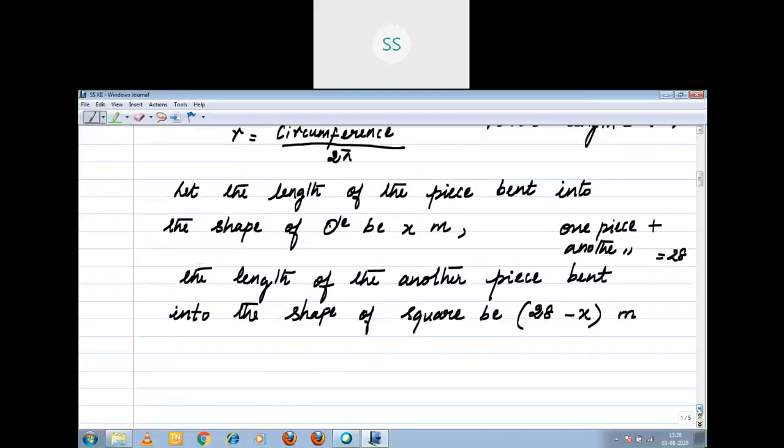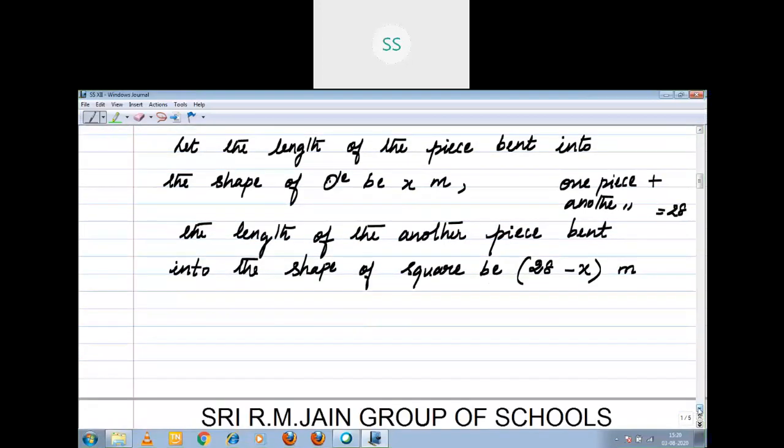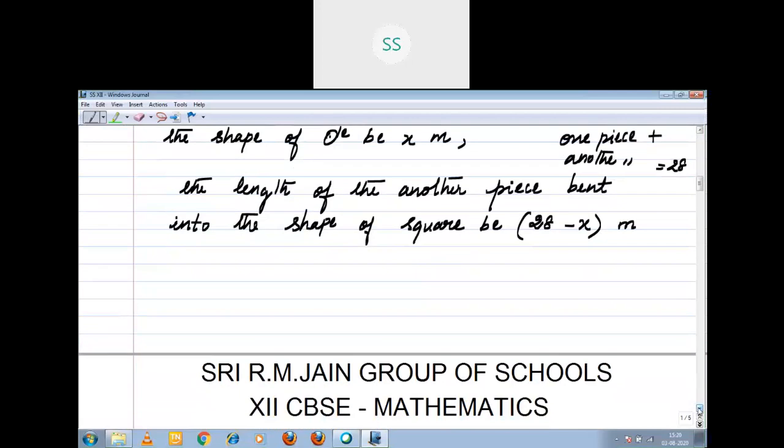One piece you converted into a circle, another one you converted into a square. Perimeter of a square, what is it? Do you recall the formula? Perimeter of a square is 4a. That means what is the side of a square?